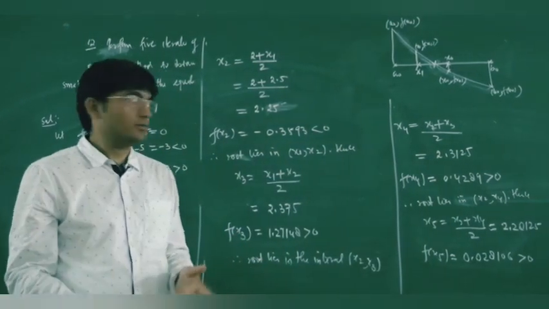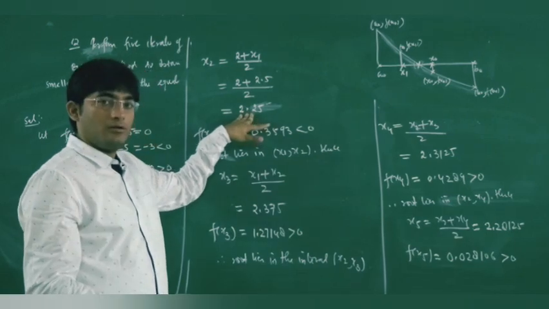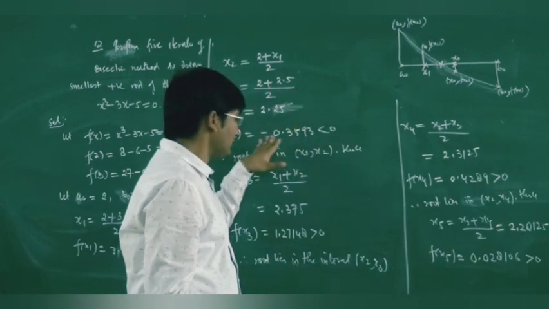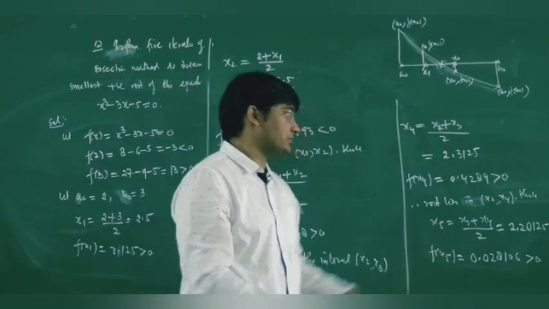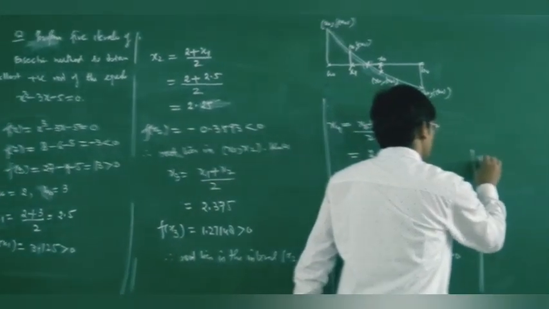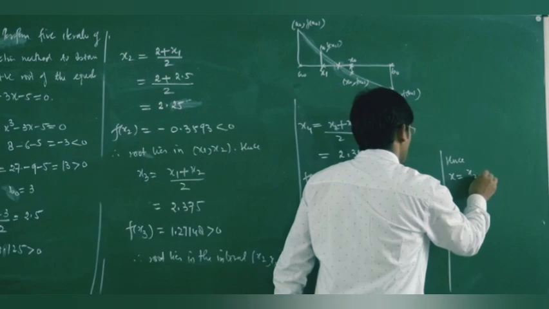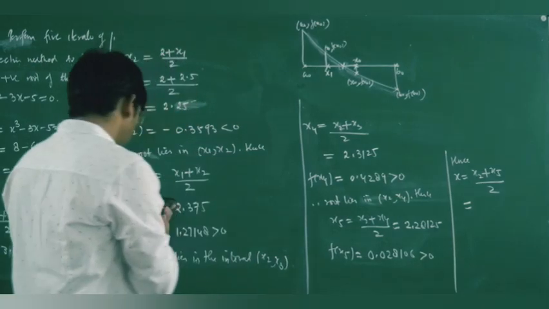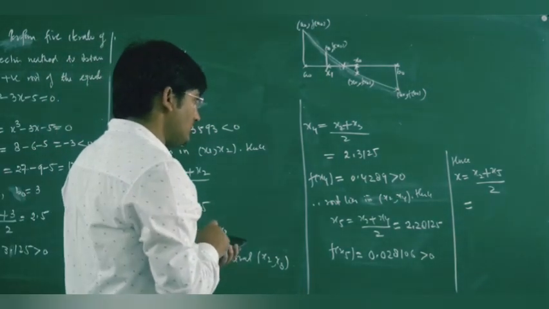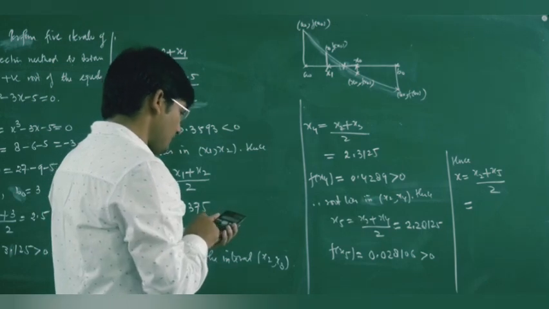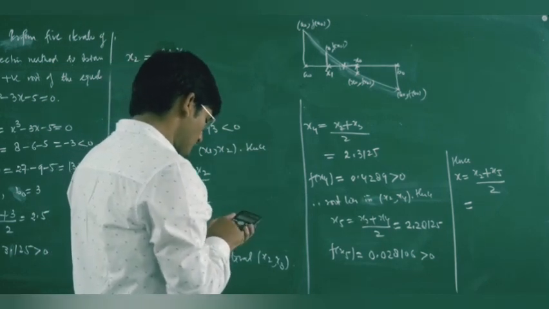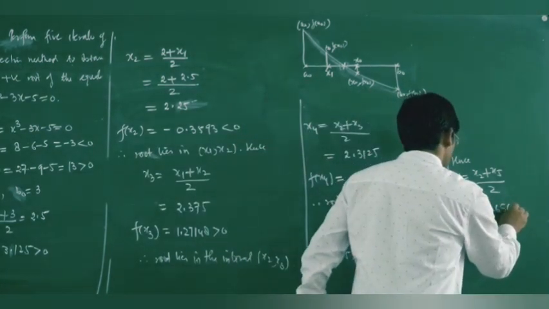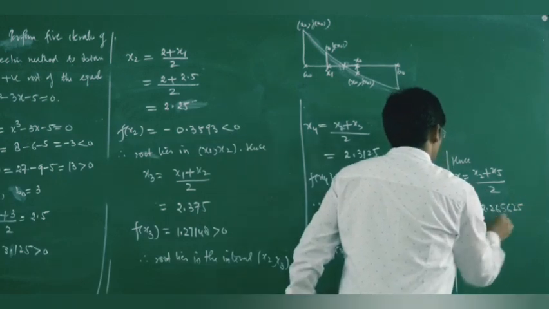So our root will be the midpoint of this x2 and this x5, because at x2 we have the value of the function as negative and at x5 we have the value of the function as positive. Hence our root will be x2 plus x5 divided by 2, and x2 is 2.25 plus x5 is equal to 2.28125, and this is equal to 2.265625. So this is your x.